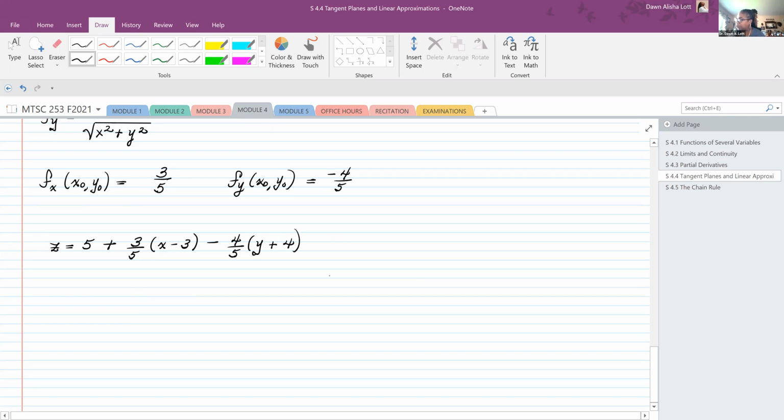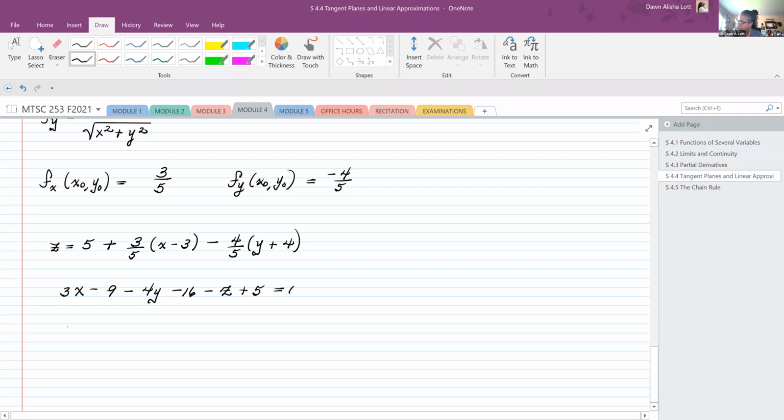So therefore, I can multiply the whole thing through by 5, and I get 3x minus 9, and then minus 4y minus 16, minus z plus 5 equals 0.